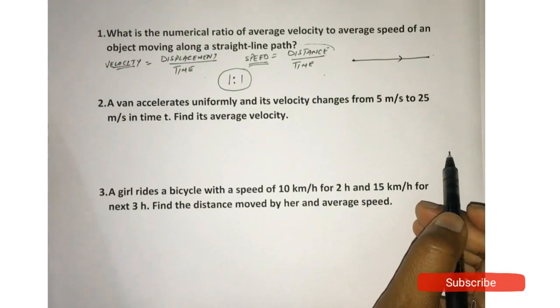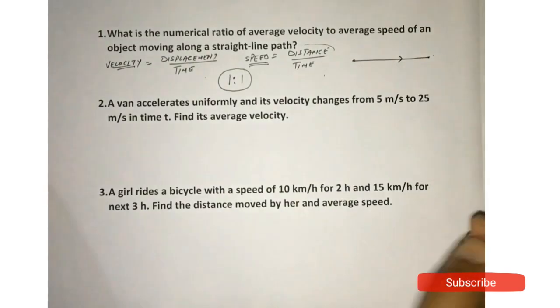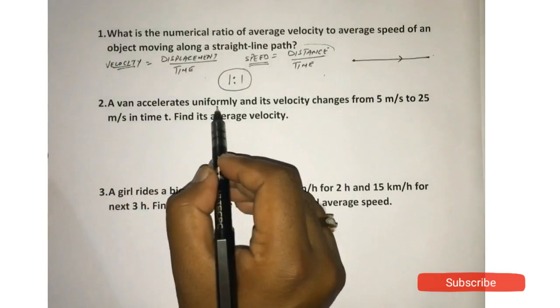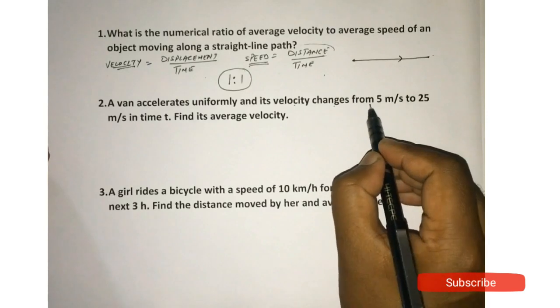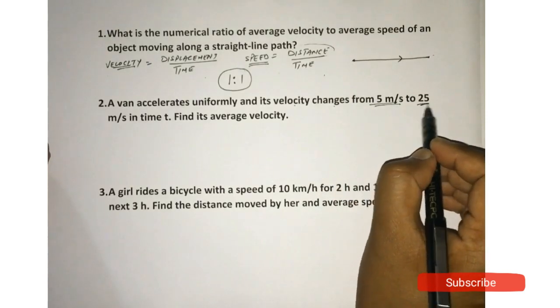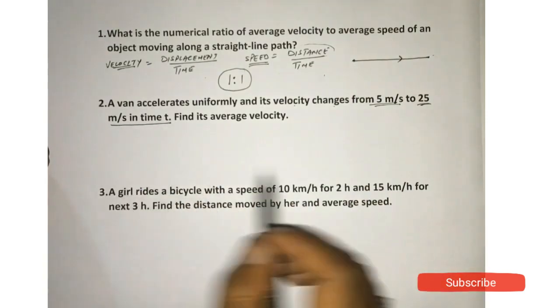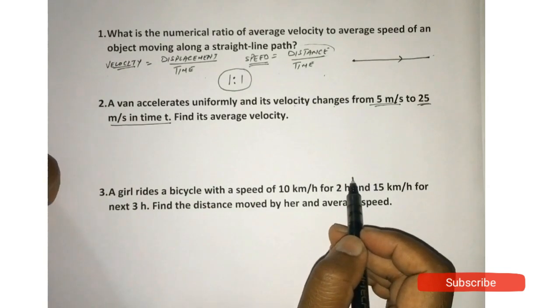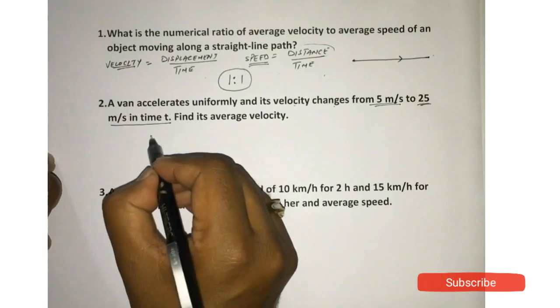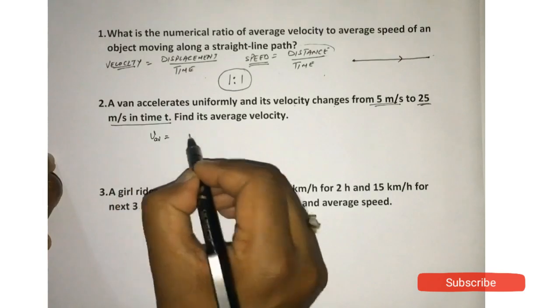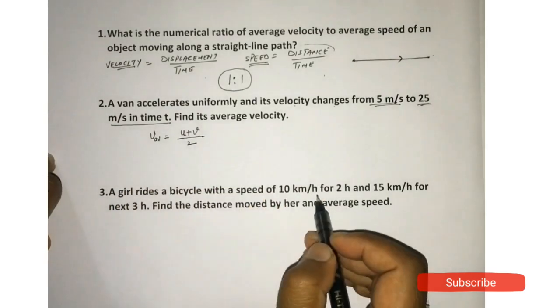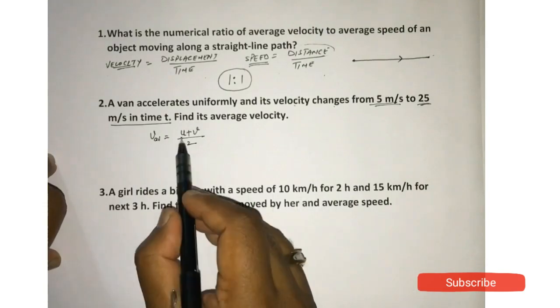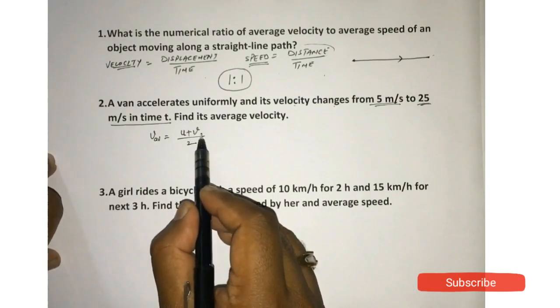Fine. Second question. A van accelerates uniformly and its velocity changes from 5 meter per second to 25 meter per second in time t. Find the average velocity. Now we have the formula that average velocity is the arithmetic mean of the initial and the final velocity. (u + v)/2, where u is the initial velocity and v is the final velocity.